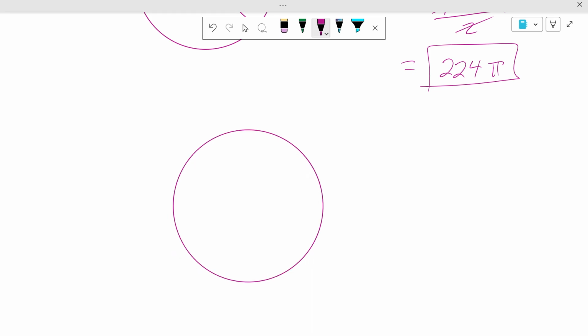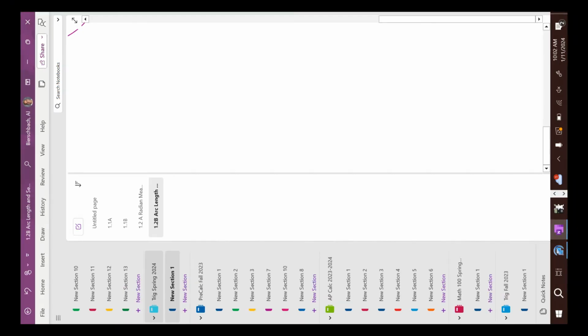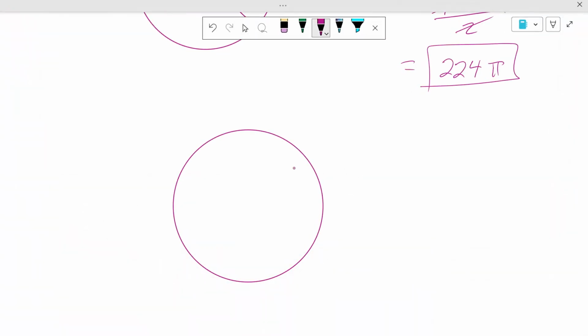Okay, there's the planet Earth. Here's Madison. Now, Madison is approximately 46 degrees south of the North Pole.